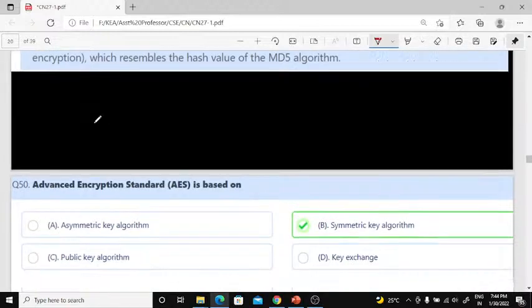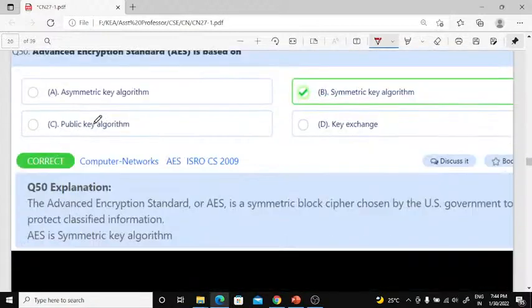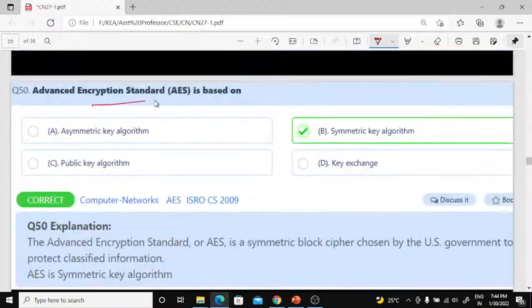MD5 algorithm. Advanced Encryption Standard, AES, is based upon a symmetric key algorithm.